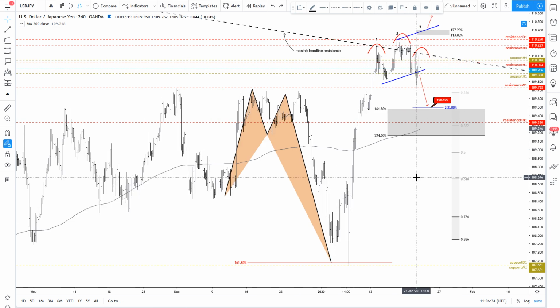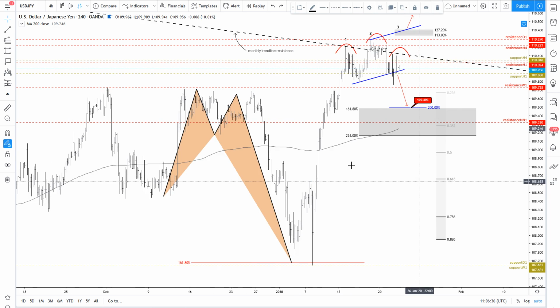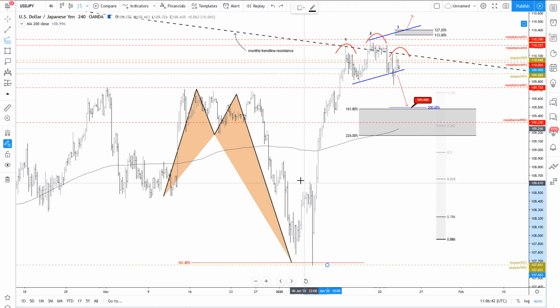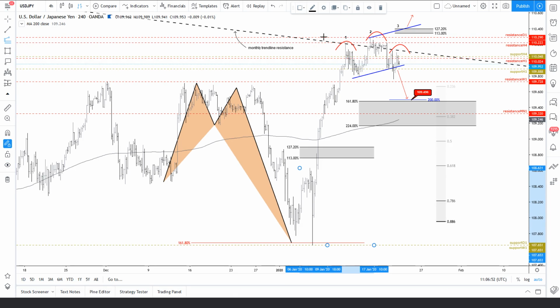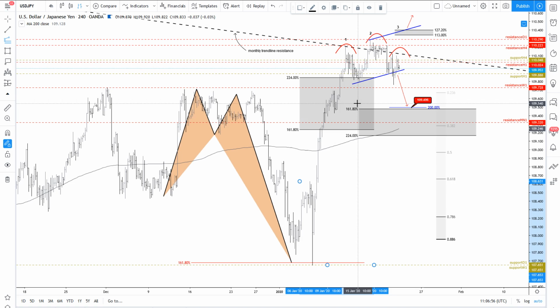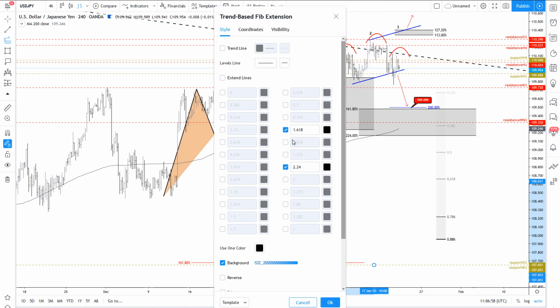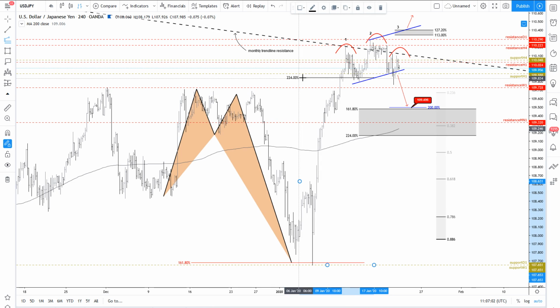So this is what we have at this point, nothing very specific. We have also the 224% Fibonacci extension, just a few points below. Let me just show you this. I want a 224% Fibonacci extension. As you can see, we have the next zone for our heads and shoulders well supported with that Fibonacci extension.